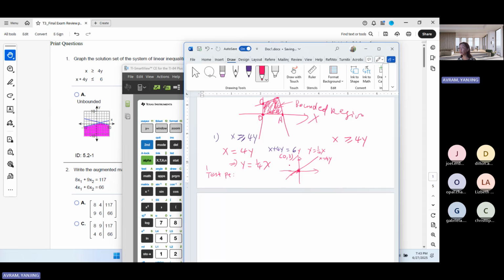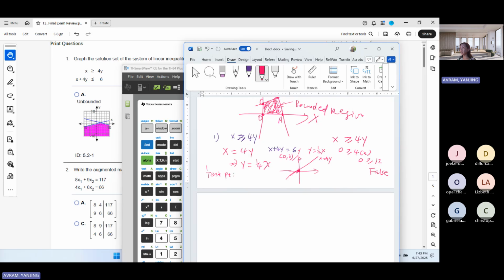You pick a random point to check. So I put 0 and 3 into this inequality to see if it is true or not. x will be 0, greater than or equal to 4 times y, and y is 3. So I end up with 0 is greater than or equal to 12. Apparently this one is false. 0 is not greater than 12.